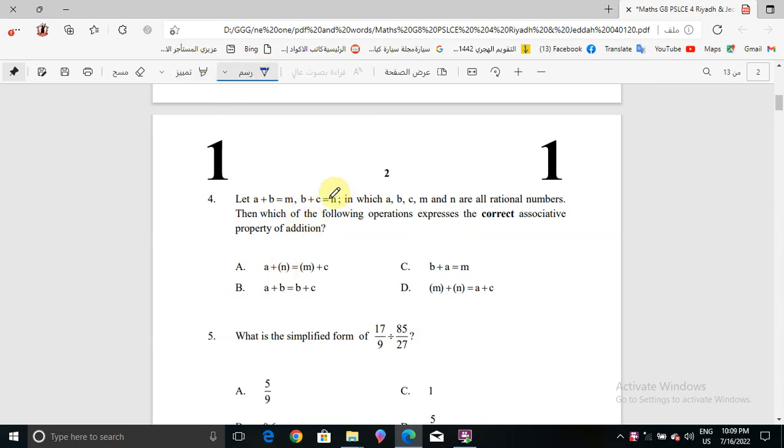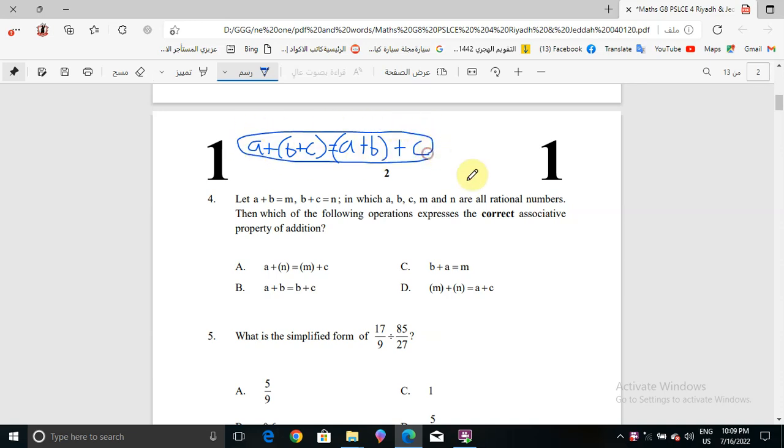Because N, as we know, is B plus C. So A plus (B plus C) is equal to, in place of M, we write (A plus B) inside the bracket, plus C. This form is called the associative property of addition. So the correct answer for question number 4 is choice A.